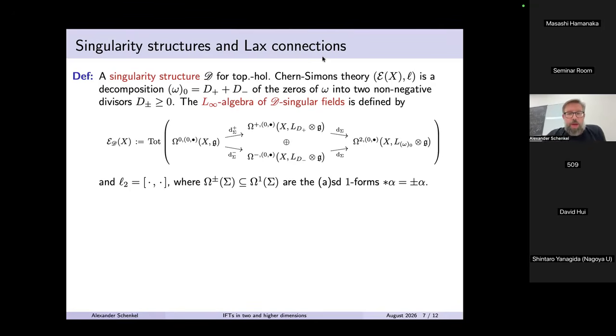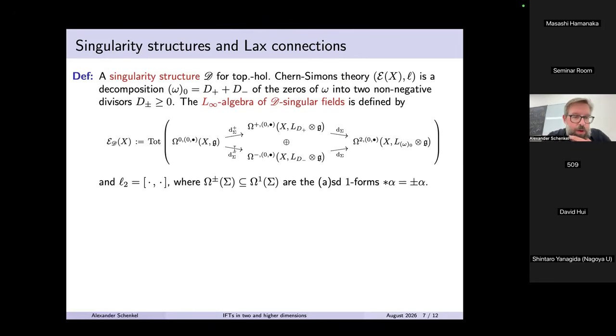So in order to do that, one has to be a bit careful, because when allowing for singularities, of course, performing brackets or applying differentials will generate more singularities. So you have to be very careful in order to distribute the singularities in this complex such that the L-infinity structure is still well defined on it.